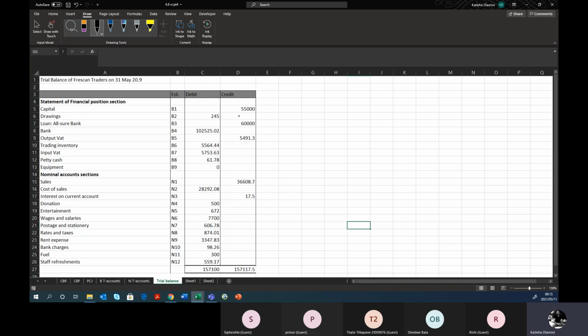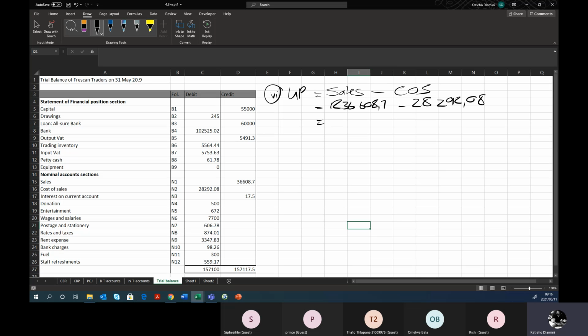Number 6. First of all, the gross profit is going to be your sales figure minus cost of sales. So 36,608 Rand and 70 cents minus 28,292 Rand and 8 cents.